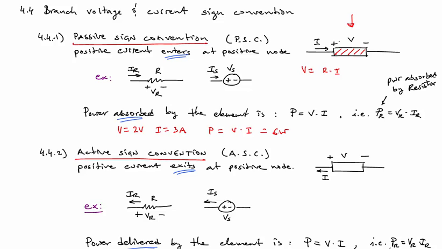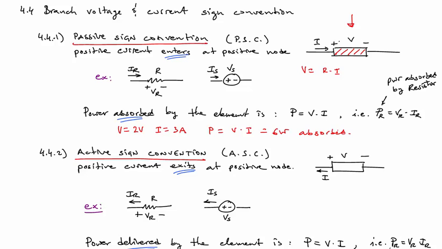In other words, your choices are either 6 watts absorbed by the resistor or element, or 6 watts delivered by that element. And if you use passive sign convention, then when you take a positive voltage and a positive current and take the product, the power that results is interpreted as power absorbed by that element.